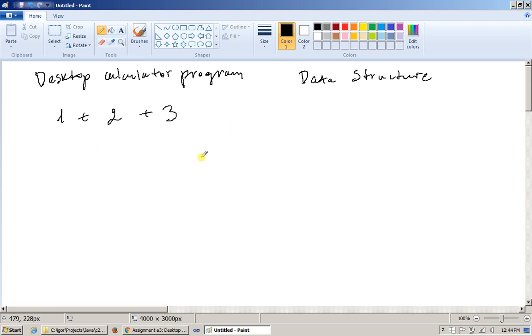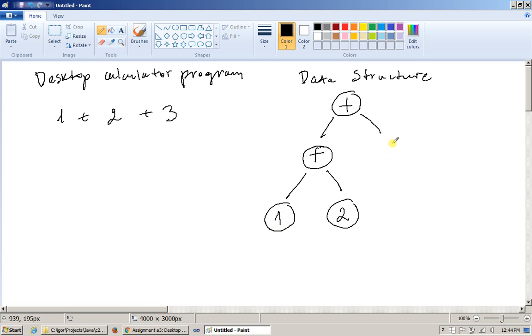Basically, we could represent 1 plus 2 plus 3 as plus, which is an operation, which then operates on another plus, which in its own turn operates on the values 1 and 2, and finally adds 3 to the picture.